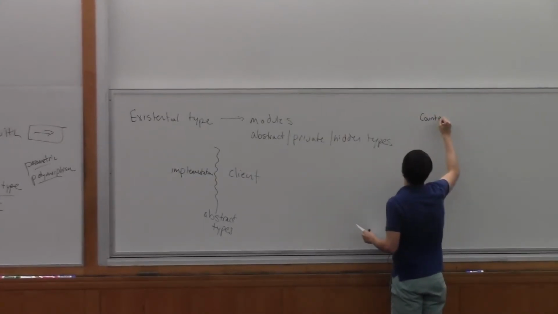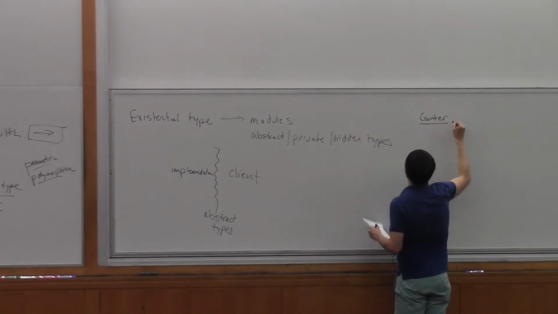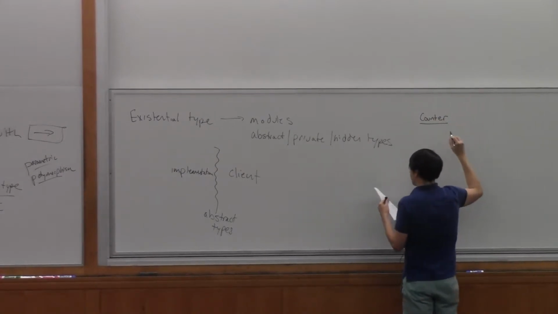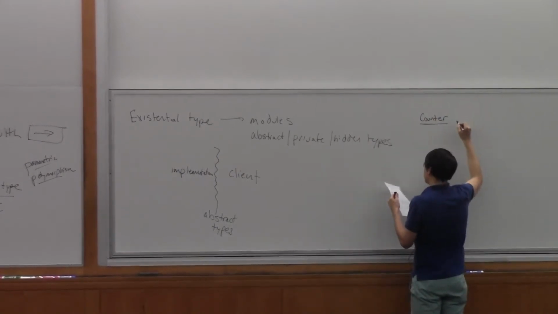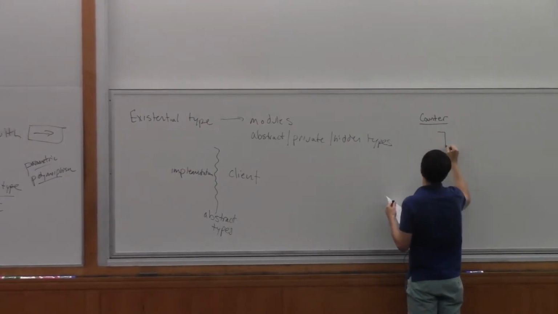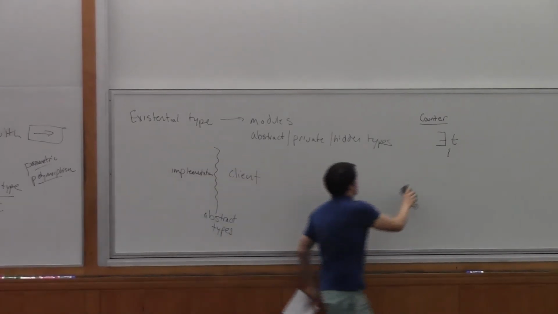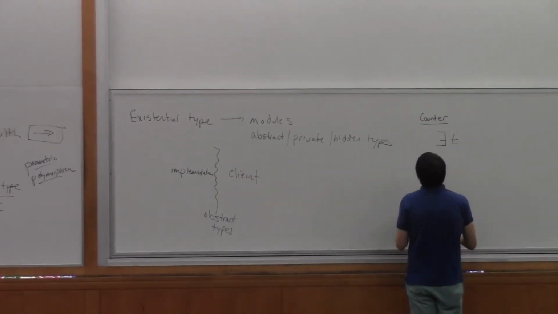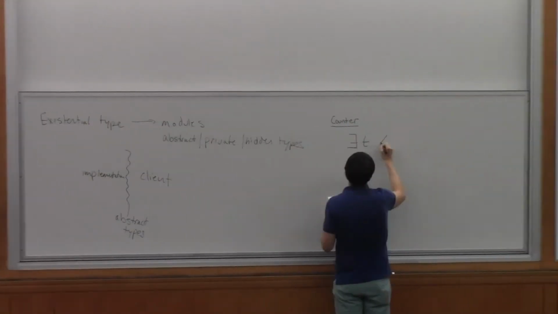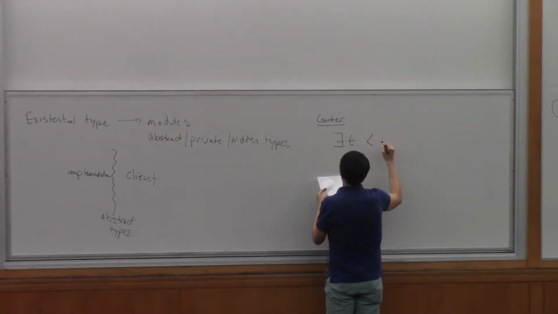Okay, so as an example, here's the simplest one I could think of. We're going to have a module for counters. Which is going to look like this. There's some existentially quantified type T along with the following operations.